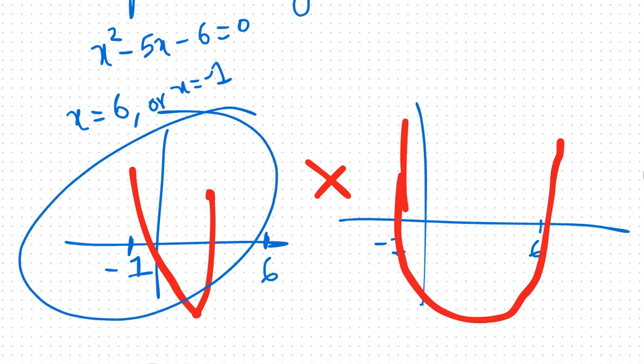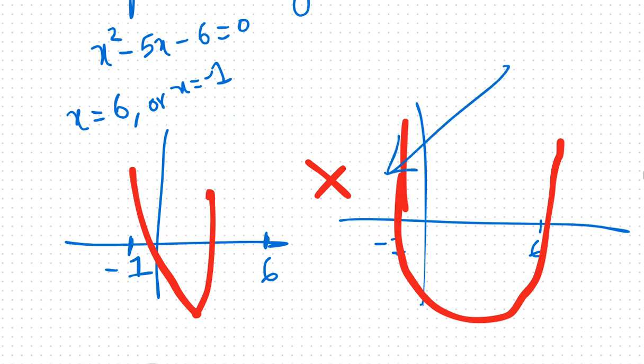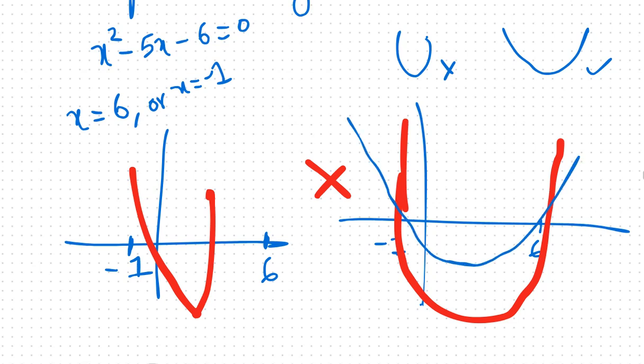Don't just randomly draw like this. Make sure that it is passing through these points. And it's not a U shape exactly, it's more like a bit wider like this. Draw it like this.